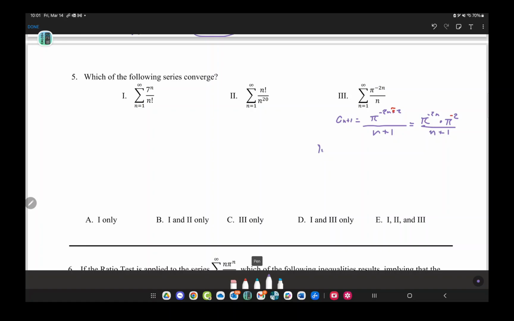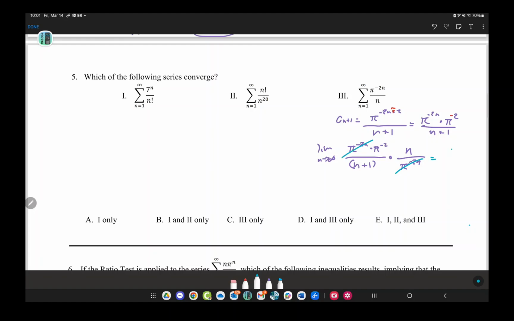So we take the limit as n goes to infinity of pi to the negative 2n times pi to the negative 2 over n plus 1, times n over pi to the negative 2n. So that will cancel.